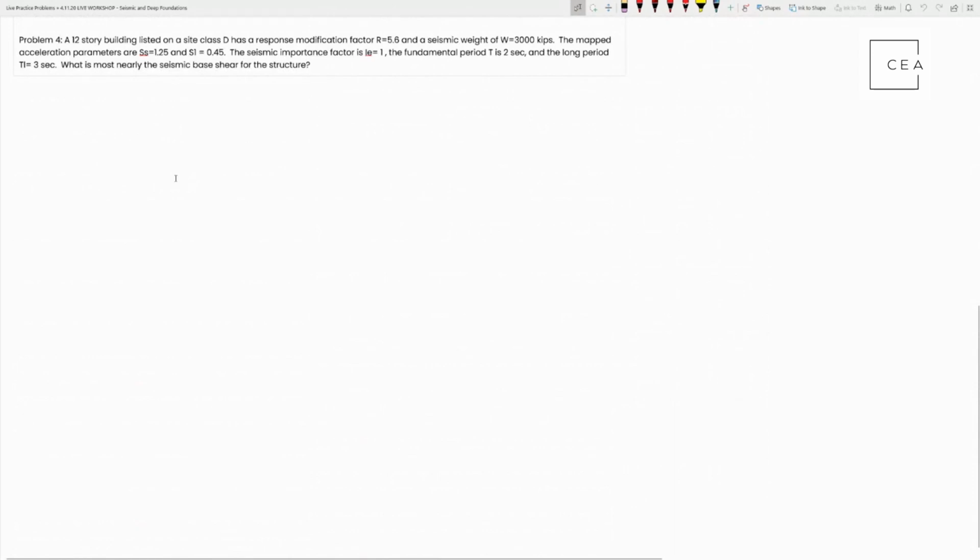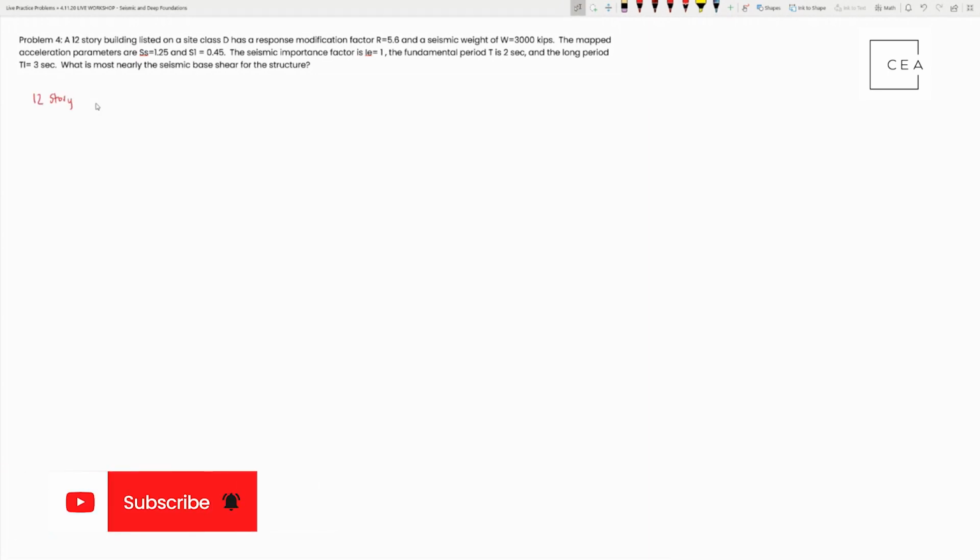So let's get to an actual question that we might have to solve for this. So here we go. Problem 4, a 12-story building located on a site class D. This is all good information, so you could be jotting this down, right? 12-story, class D, has a response modification factor, R equals 5.6, and a seismic weight, W, equal to 3,000 kips.